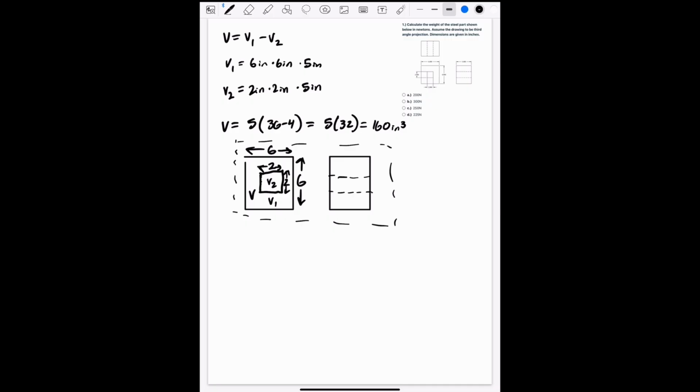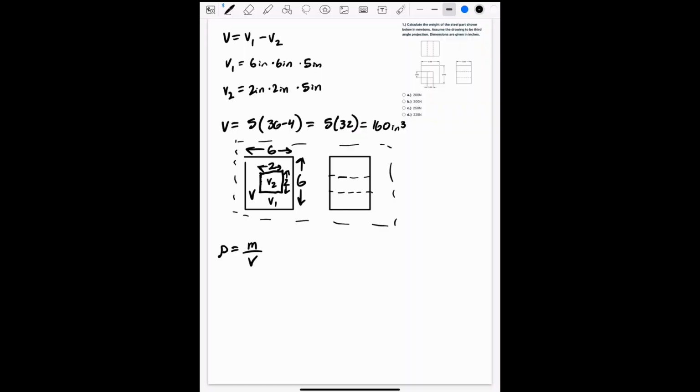The next thing that we're going to have to do is try to find the weight or the mass of the object. So in this case, we're going to use the formula for density. Density is equal to mass divided by volume. So what we want in this case is the mass. So let's solve for that. We have mass is equal to density times volume.